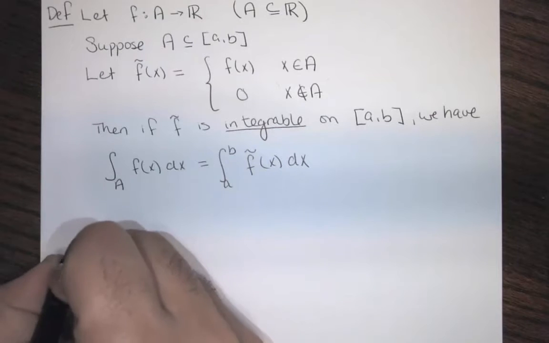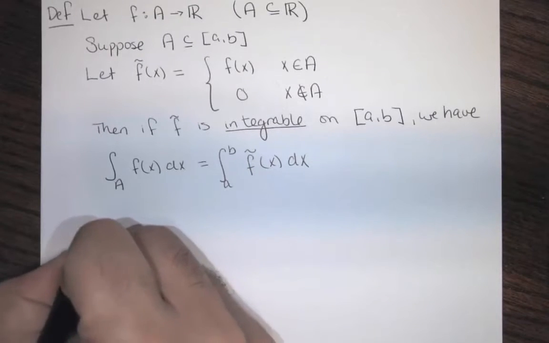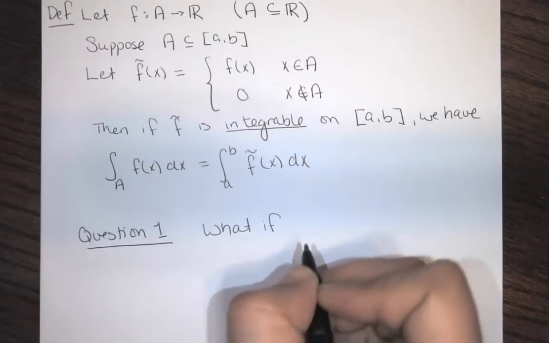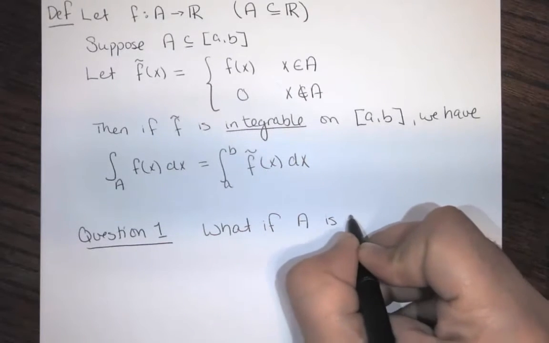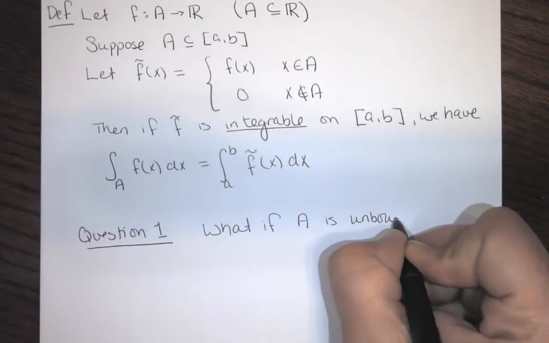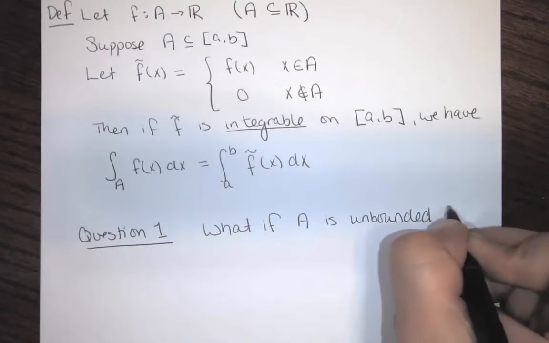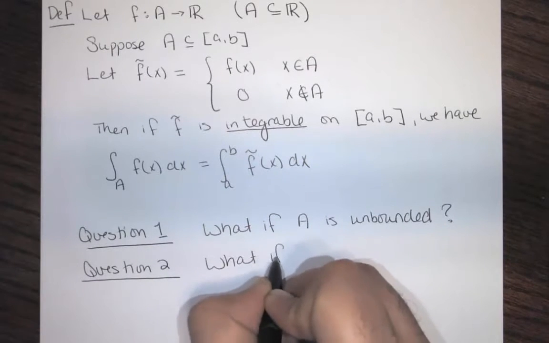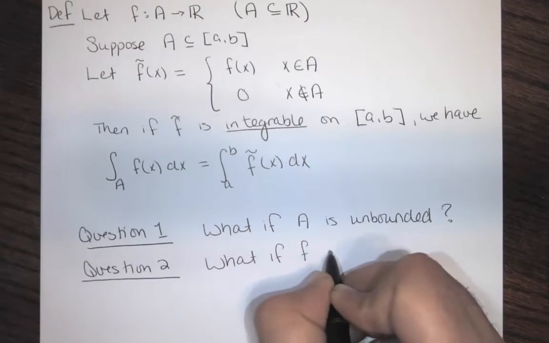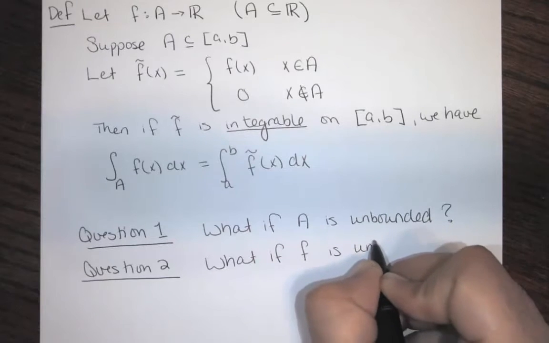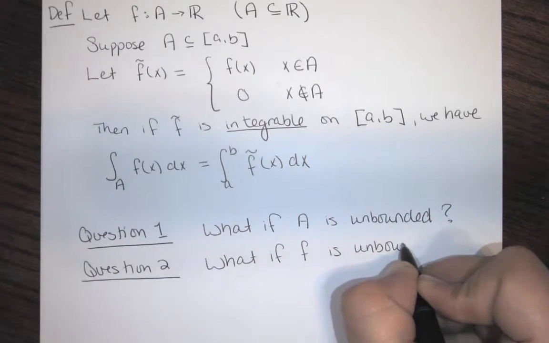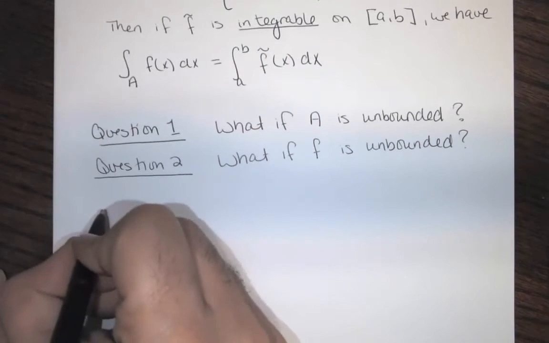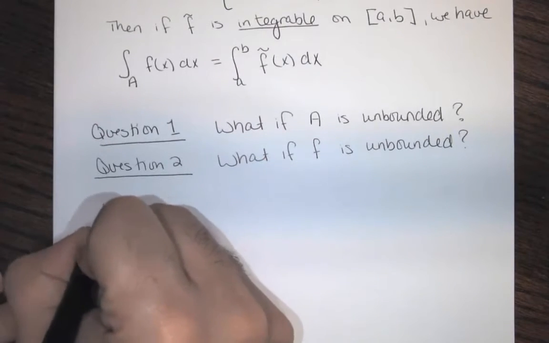Now, the two questions we're going to concern ourselves with today: Question 1, what if A is unbounded? Question 2, what if f is unbounded? Consider the picture we saw at the beginning of this lecture.